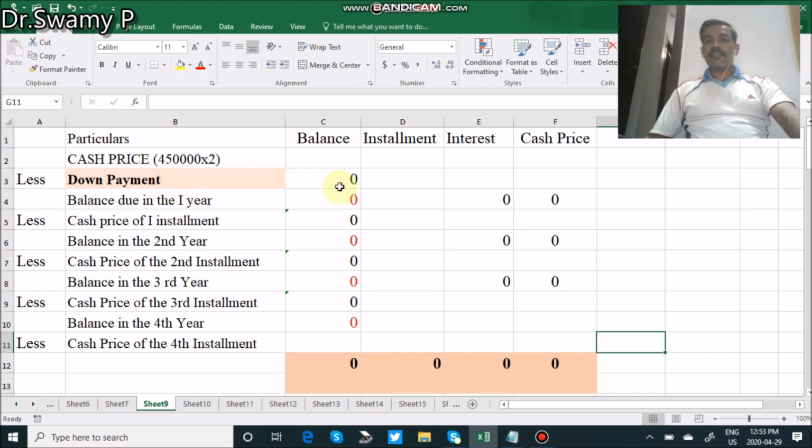Installment amount is given, but interest amount is not given. Once we deduct the interest amount from the installment, we get the cash price of that installment, and that cash price has to be deducted from the balance of cash price in each year. So this calculation will be shown. Now nothing amount is shown here.